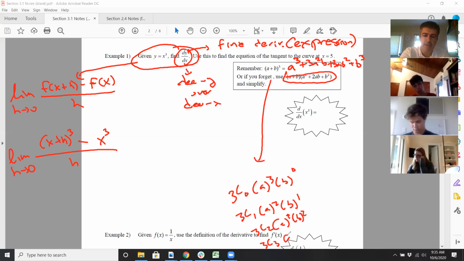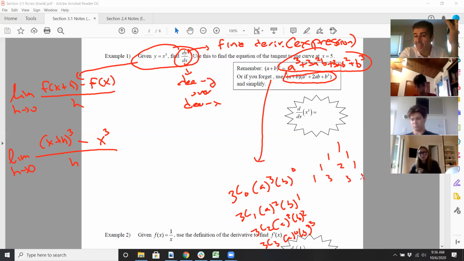Again, I'm not sure if you guys remember that. That's how that was found up above over here. Or you can use Pascal's triangle to get the combination values. Not sure if you guys have seen that. But that's how you can streamline the expansion of binomials.